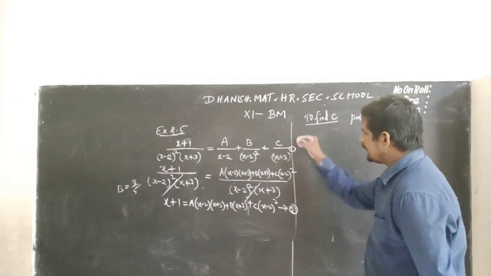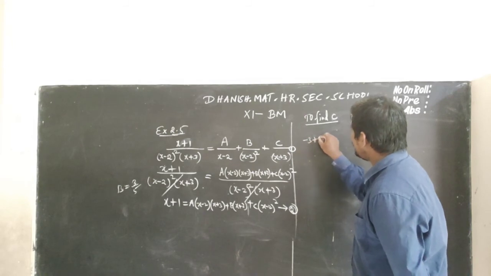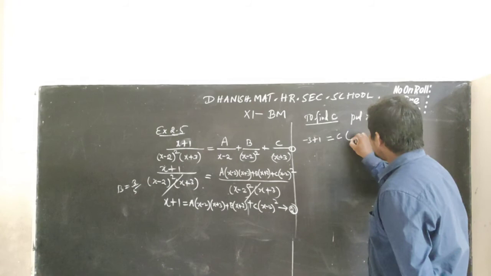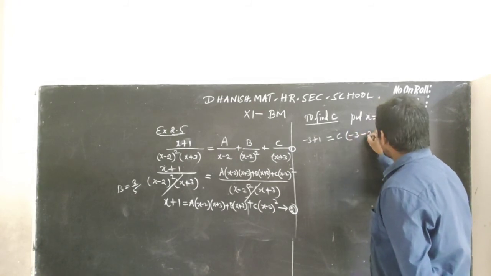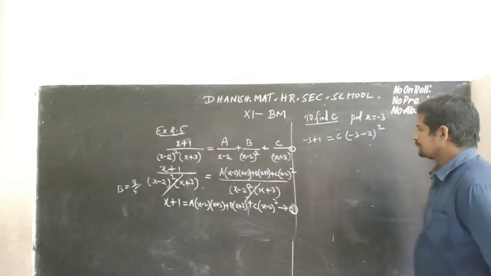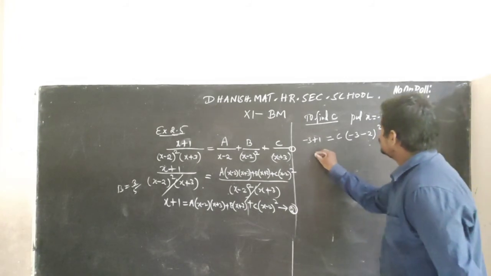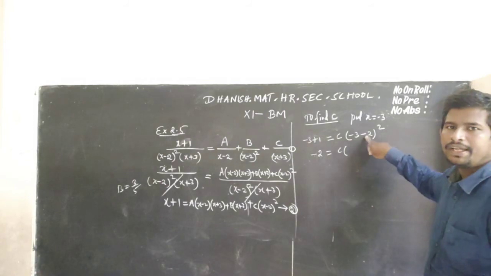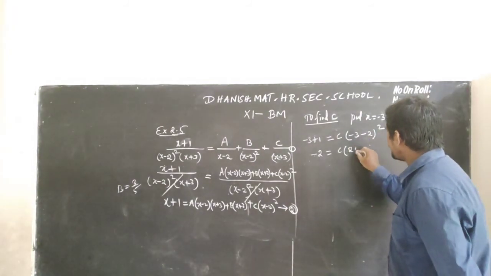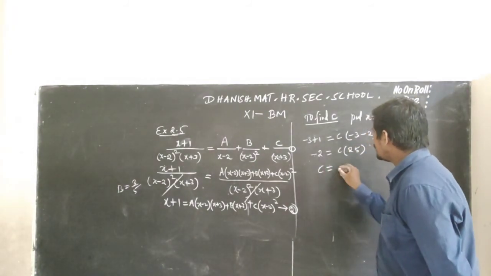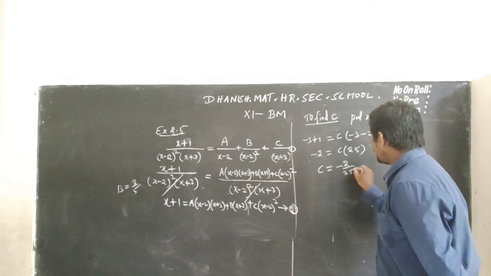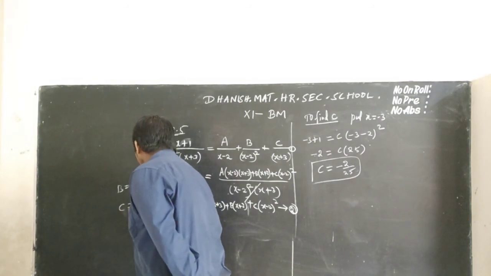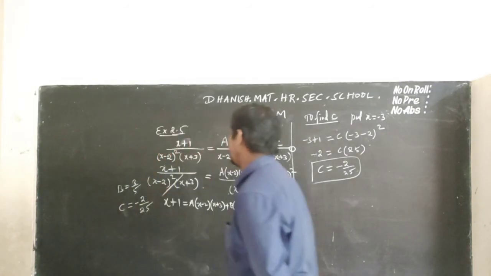The equation becomes minus 3 plus 1 equal to c into minus 3 minus 2 whole square. Minus 2 equal to c into minus 5 whole square. That is 25. So our c is minus 2 by 25. We got our next value, c equal to minus 2 by 25.